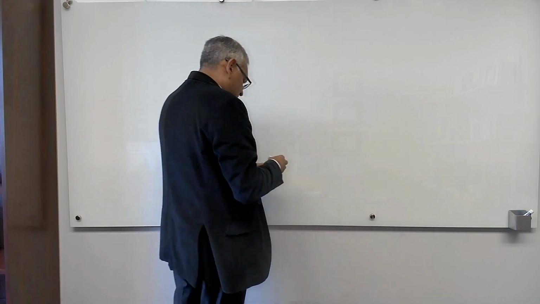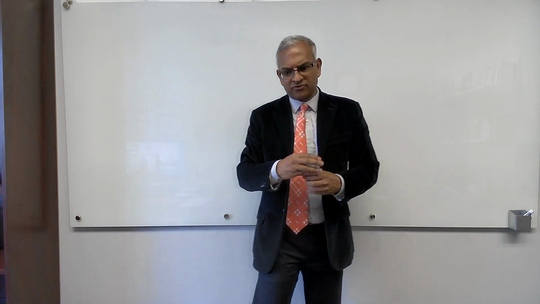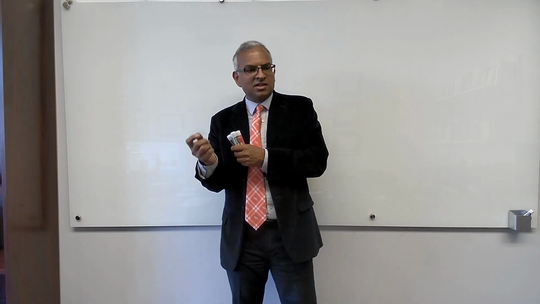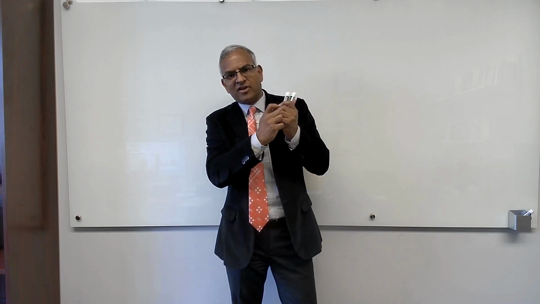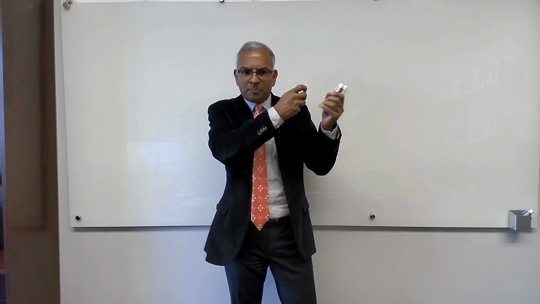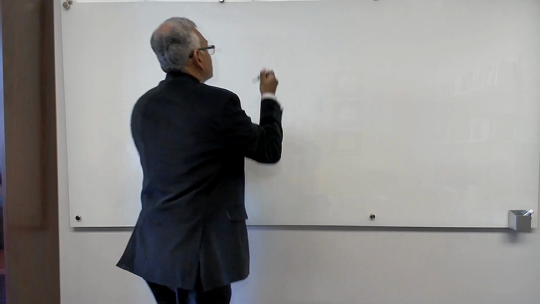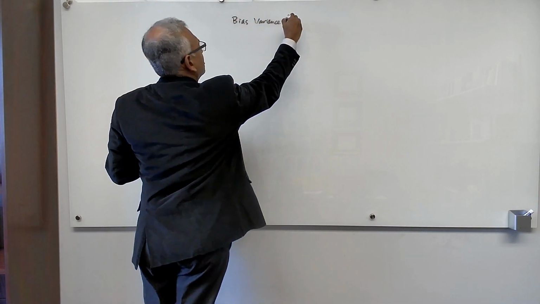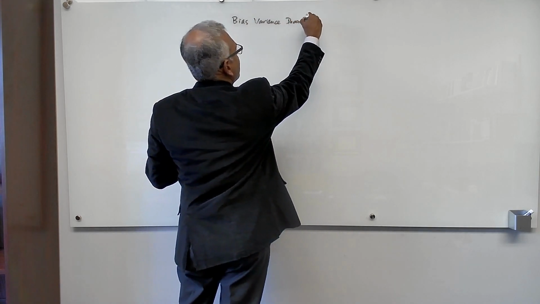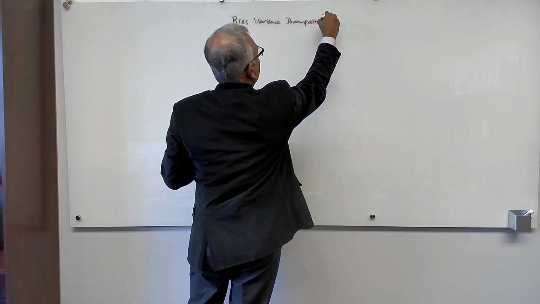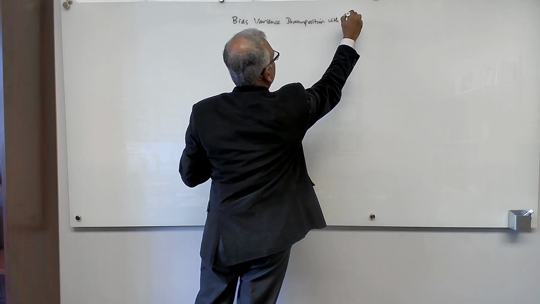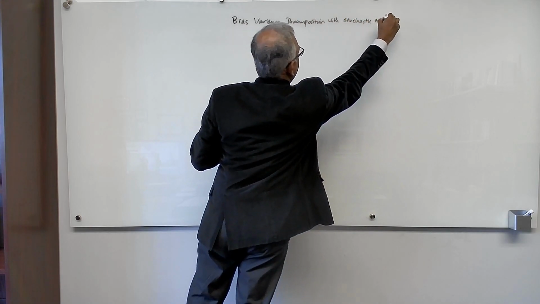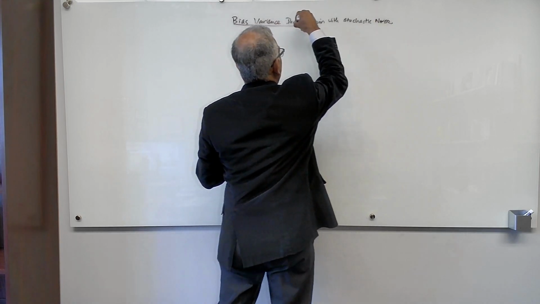It gives us a nice way to see how changing the hypothesis set or the learning algorithm will affect the out-of-sample error by trying to optimize the various terms in this decomposition. So the bias-variance decomposition with stochastic noise, that's what we're going to talk about.